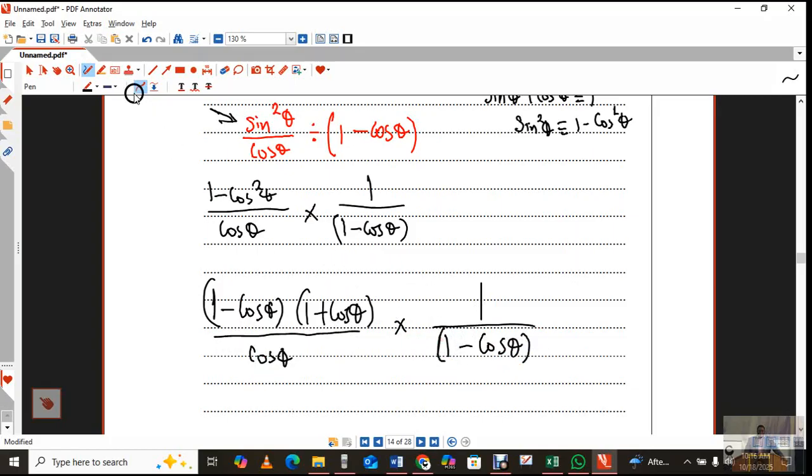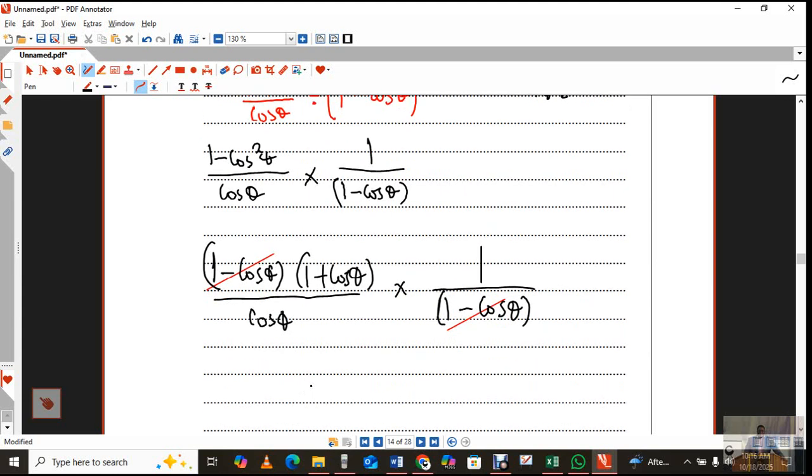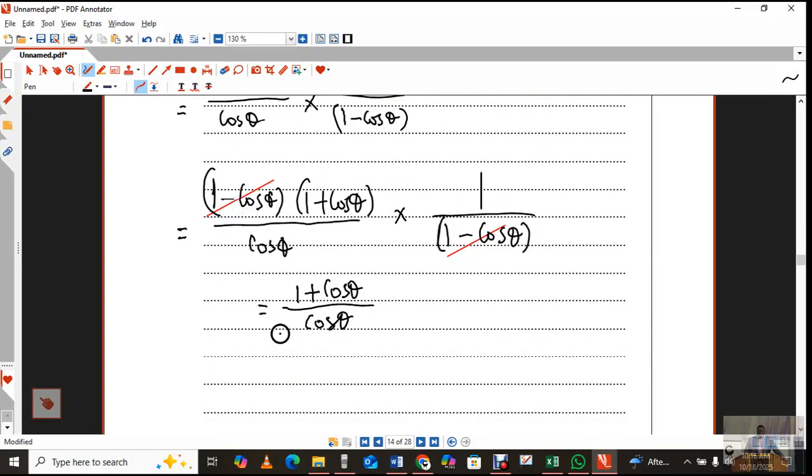Then you do realize that this and this one cancel, leaving you with 1 plus cos theta over cos theta, which I can write separately as 1 over cos theta plus cos theta over cos theta.